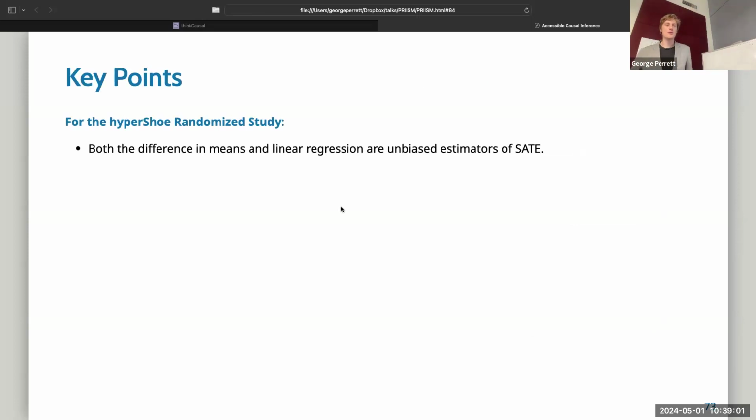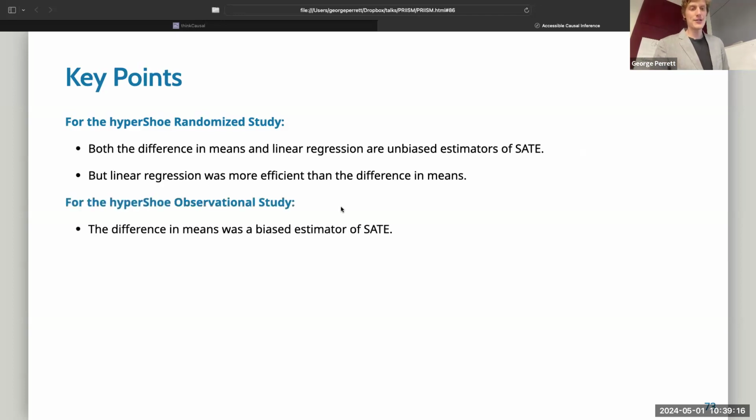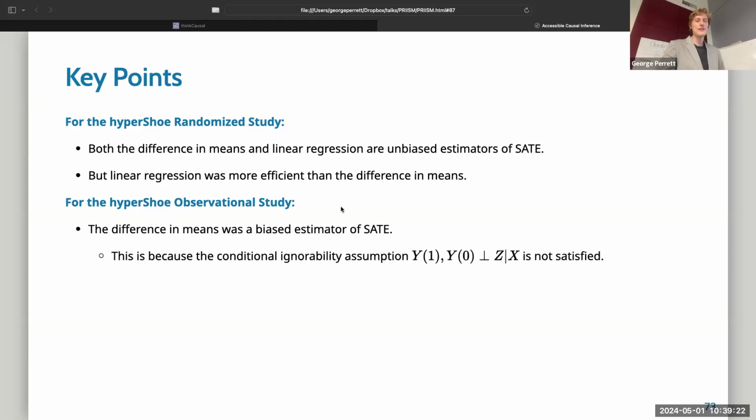So what are the key points we've covered so far? Both the difference in means and linear regression were unbiased estimators of the state, but linear regression was more efficient than the difference in means because we were able to explain some of the variation in the outcome that was explained by resting heart rate. For observational studies, it's a different story. The difference in means was a biased estimator of state, and this is because the conditional ignorability assumption was violated.